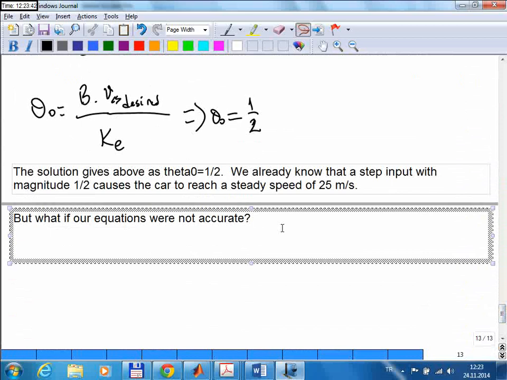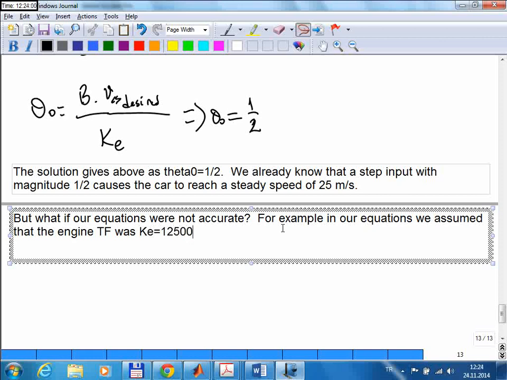For example, in our equations, we assumed that the engine was, and the numerical value was, I think, this much.